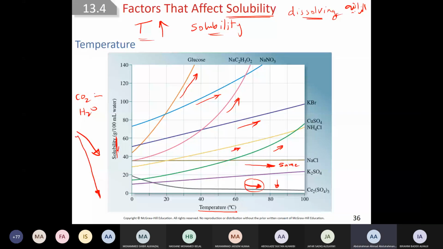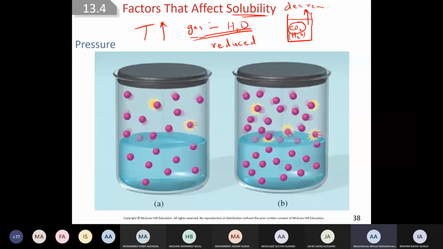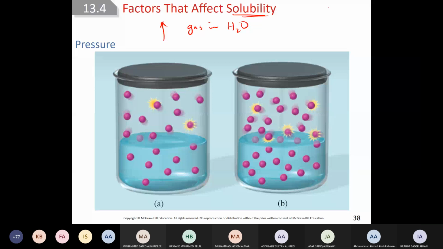Is this clear? On the other hand, the effect of pressure is the reverse. If you increase the pressure, the amount of the gas dissolved goes up, like this.